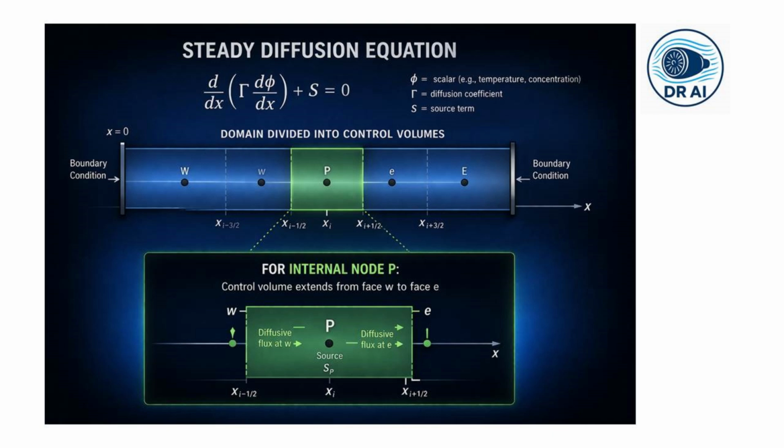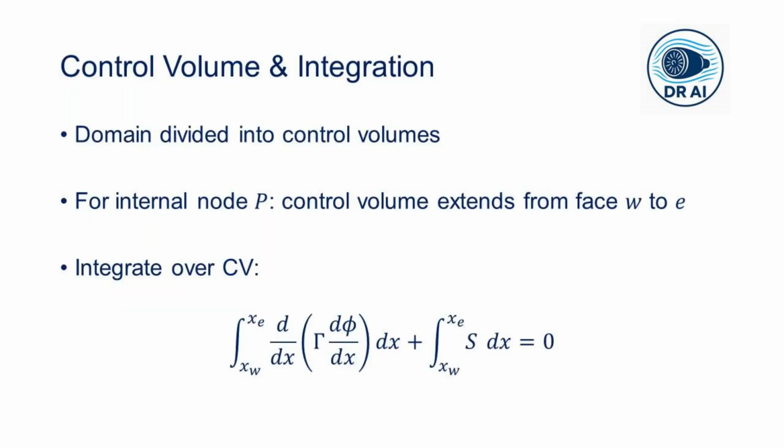The finite volume method is based on the integral equation, as we all know, and instead of discretizing the differential equation directly, we divide the domain into control volumes and enforce the conservation of phi over each volume. So this ensures that the numerical solution respects physical conservation laws. Now, take a control volume around the node P extending from face W to face E. Integrate the equation.